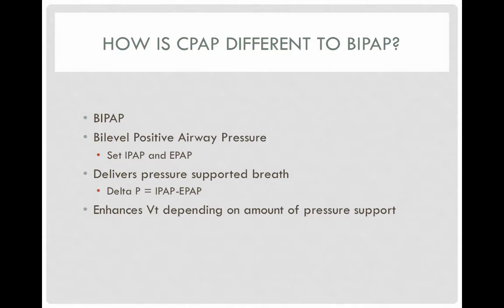How much pressure support we give varies depending on how big a difference that delta P is. So the larger the delta P, the more we're going to enhance each of those tidal volumes that the patient takes in.